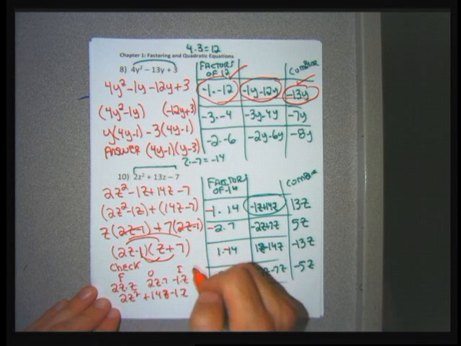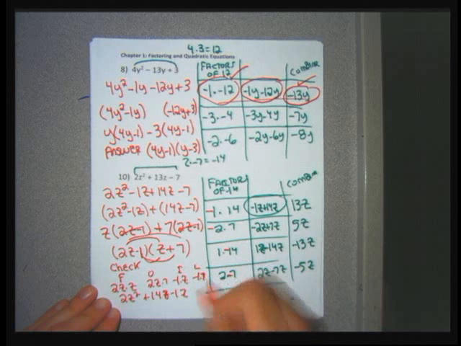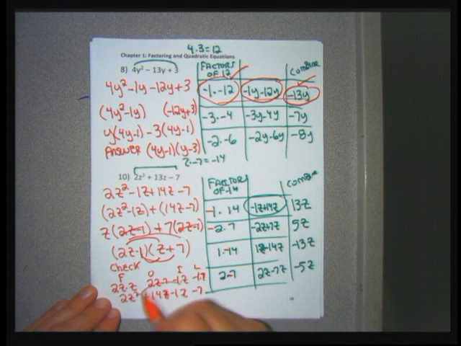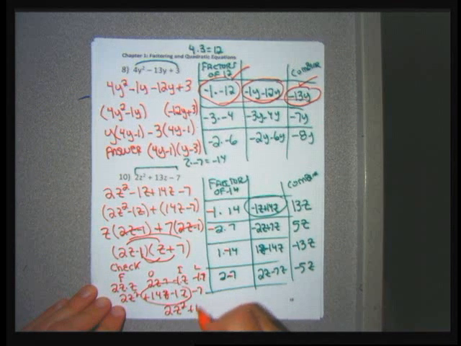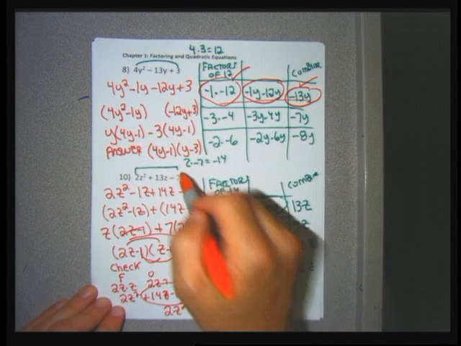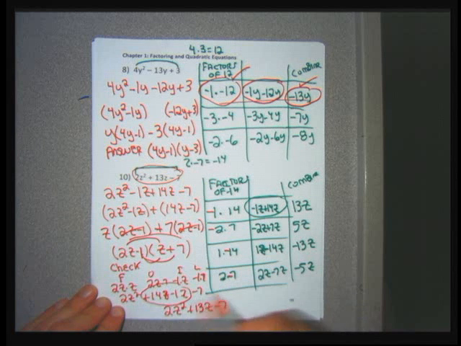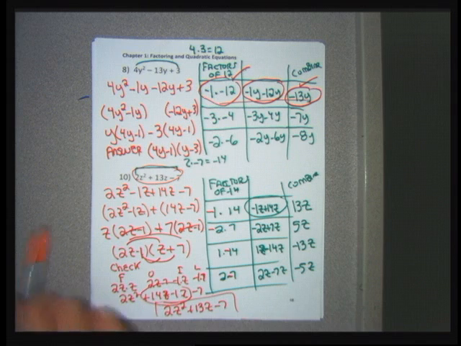And lasts, minus 1 times 7 is minus 7. The outers and the inners are 14z minus 1z, which gives me a 13z. So bring down the firsts, combine the outers and the inners to a 13z, bring down the lasts, and that and this are equal to each other, so I know I have the correct factored answer.